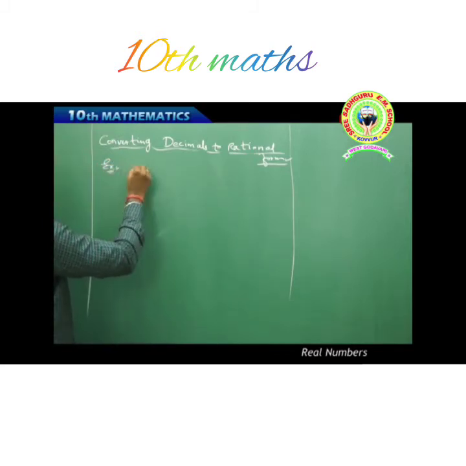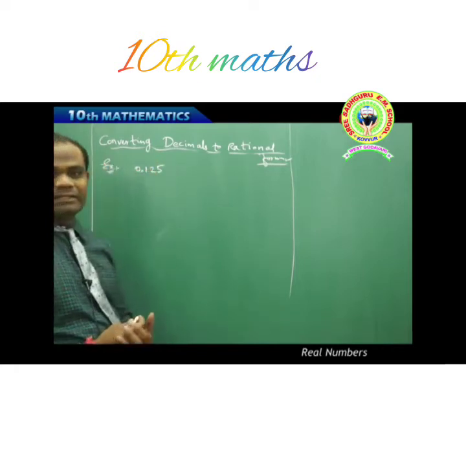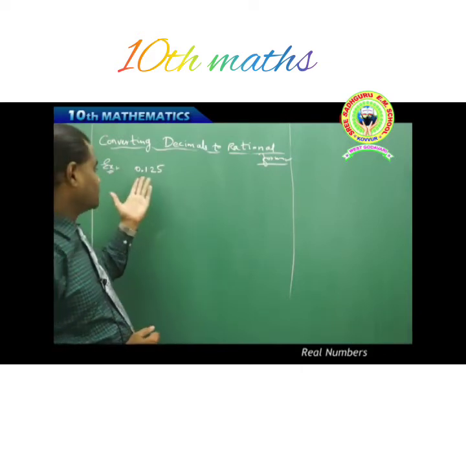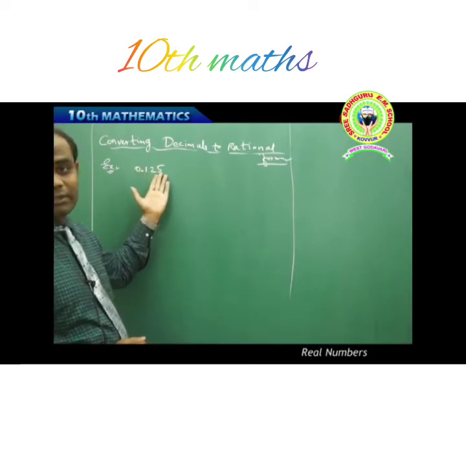For example, if I have 0.125 as the number, then this is clearly a decimal number with 3 values after the decimal.